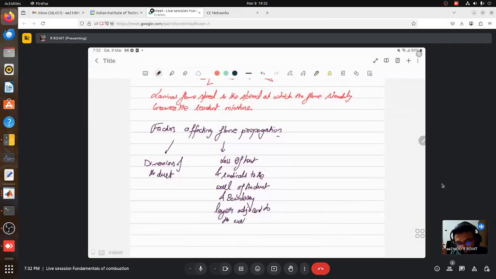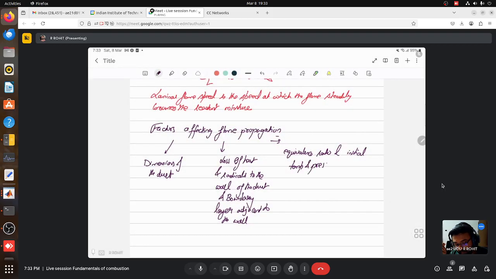So it is basically the loss of heat to your wall and the boundary layers. Another important factor is the equivalence ratio, and the initial temperature and pressure of the reactants.